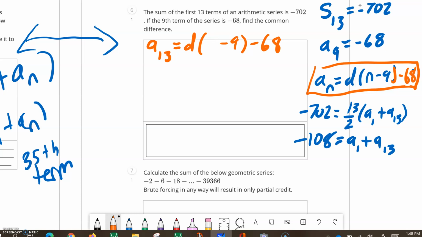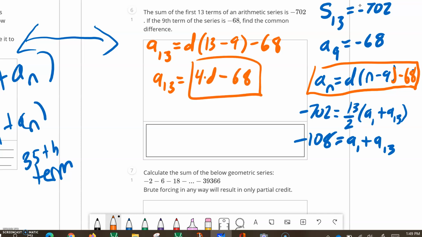Let me change this up a little bit. Let's put 13 in there because now I know what my 13th term is going to be. It's going to be 4d minus 68. So that's my 13th term, right? And so then I could use that and plug in here. But then the issue is, well, shoot, now I don't know the difference and I don't know the first term.